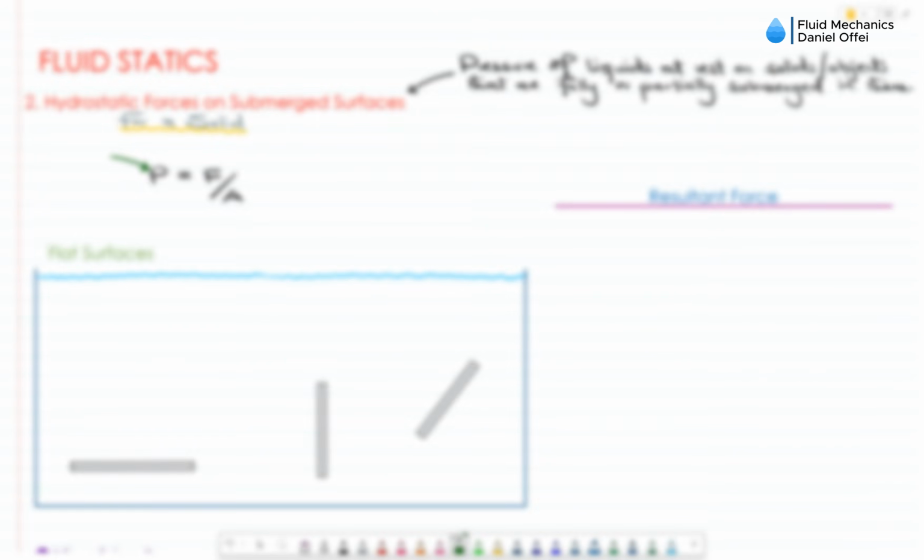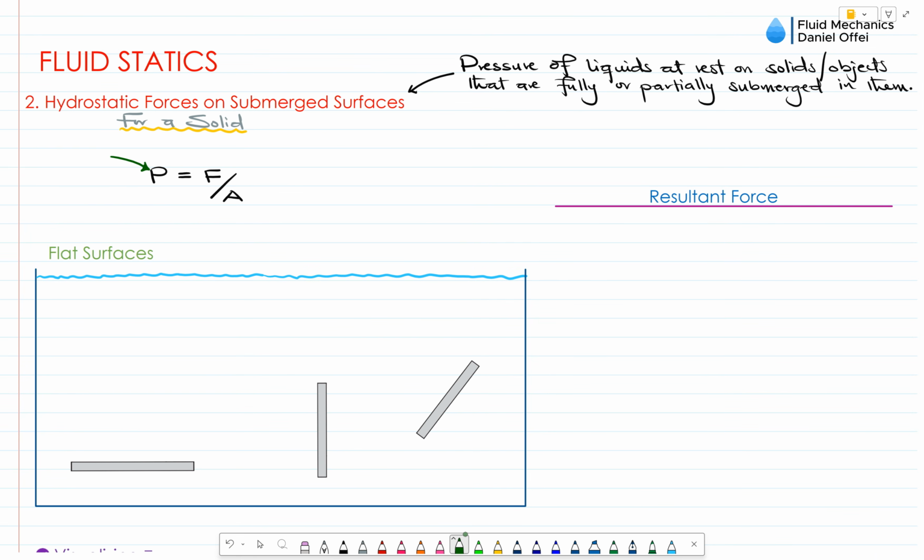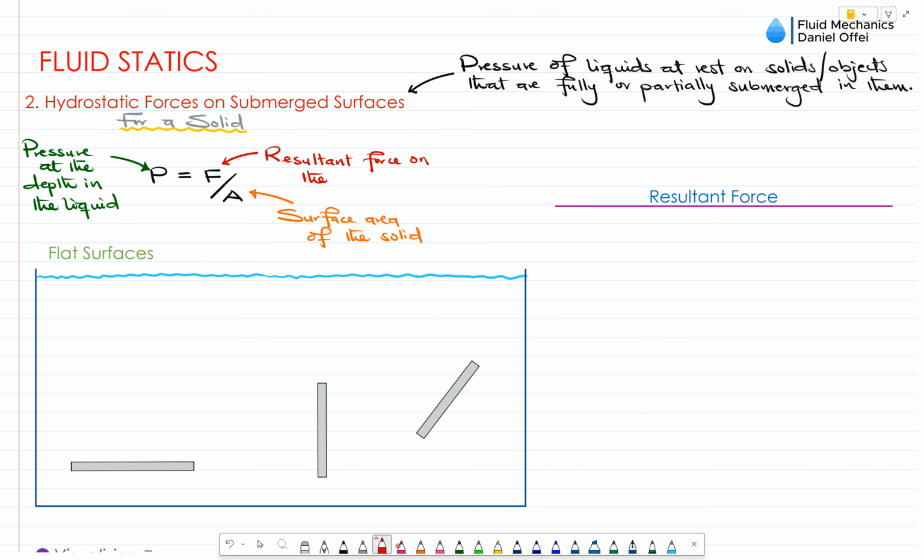So let's come back to our notes. What we've established so far is that in a solid, pressure equals force over area. And from what we've seen so far, we can state the following. 1.